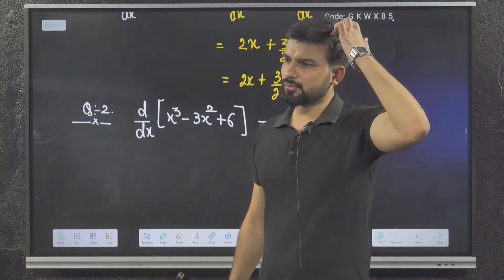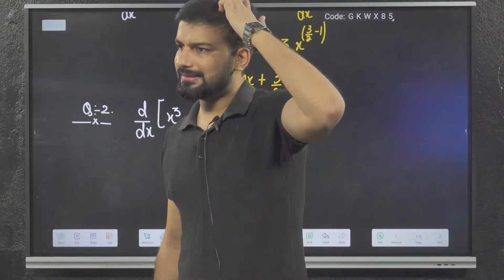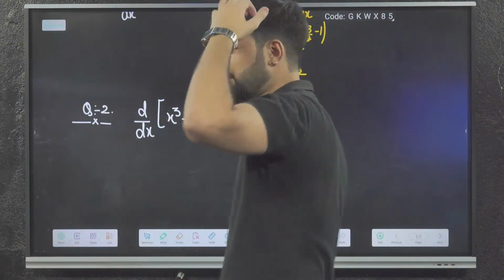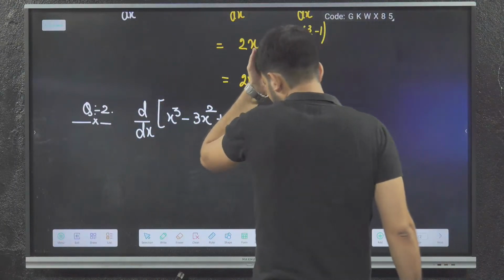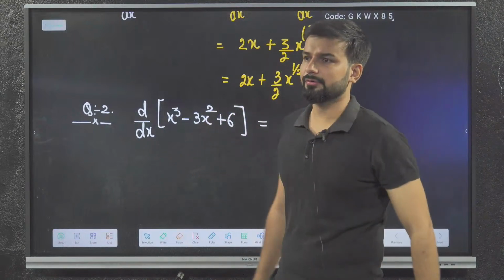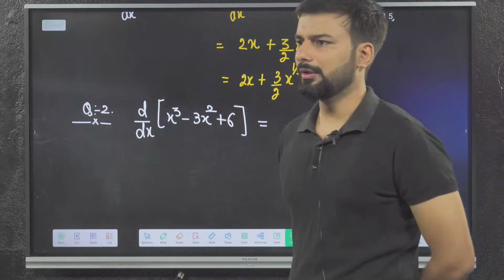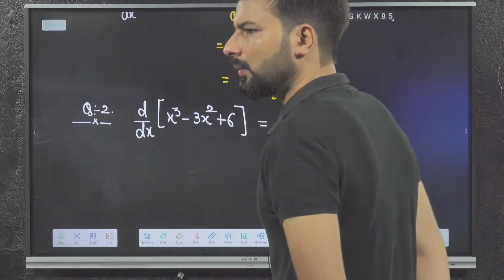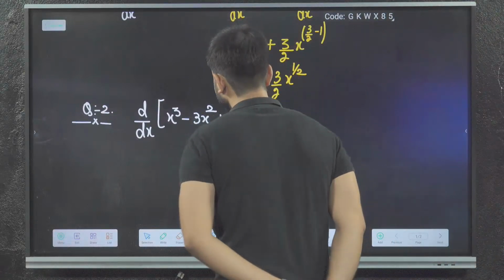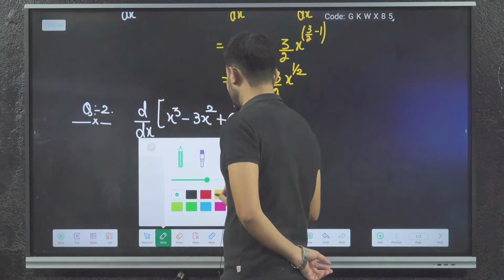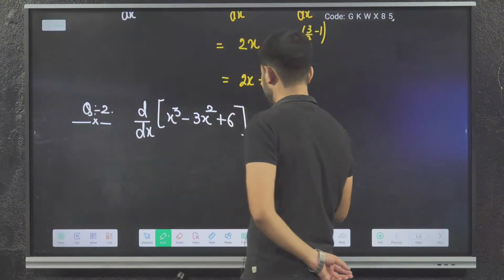3x square minus 6x plus 0. 3x square minus 6x. Very good. So many members are solving. Everyone is giving the answer. Everyone is capable of doing the questions.